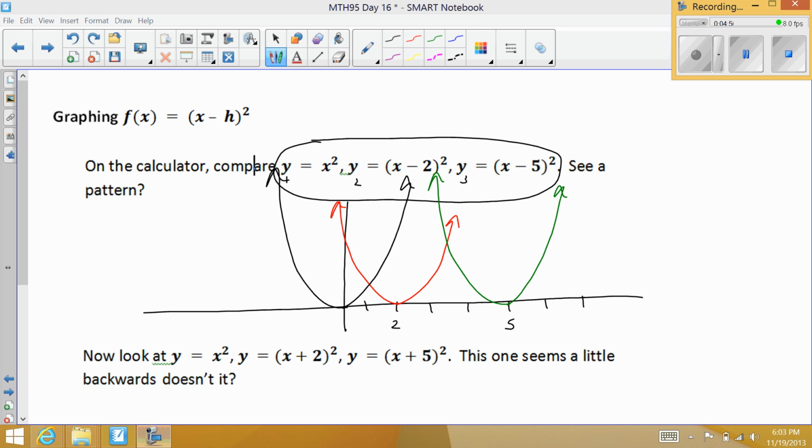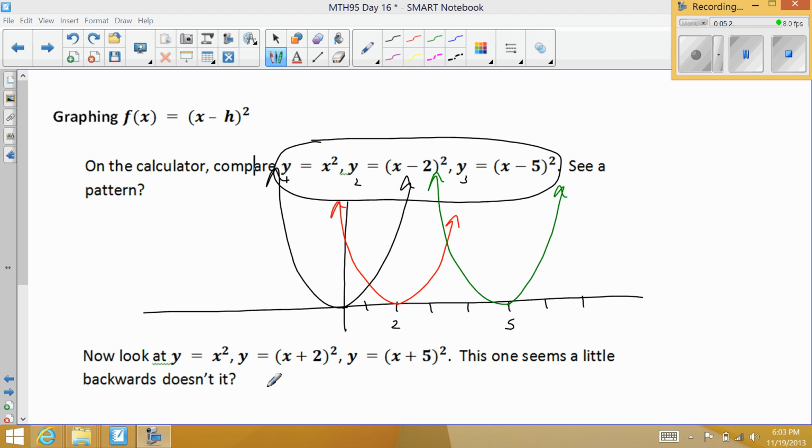So again, what we should see is our basic quadratic with its vertex at the origin. The x subtract 2 squared should be shifted sideways this time rather than vertically, so a horizontal shift, and its vertex is at 2, 0. And the y equals x subtract 5 squared should be shifted horizontally also with the vertex at 5, 0.